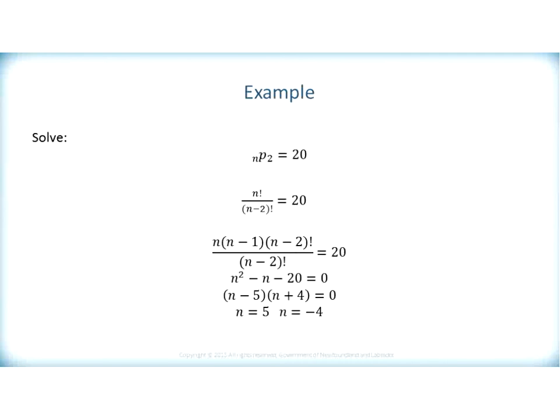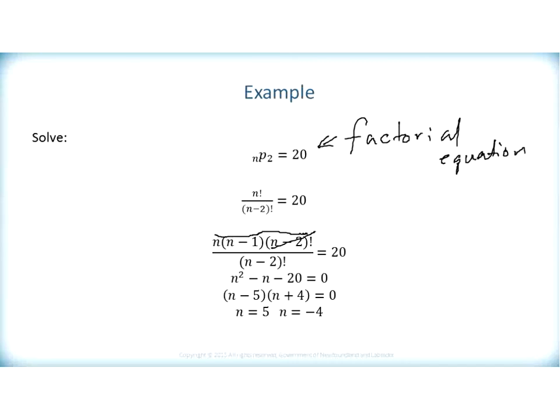Let's have a look at an example. n permute 2. So we can substitute in for n, and 2 in for r. And we get a factorial equation. This is just another way of writing a factorial equation. So we rewrite n factorial as n times n minus 1 times n minus 2 factorial.